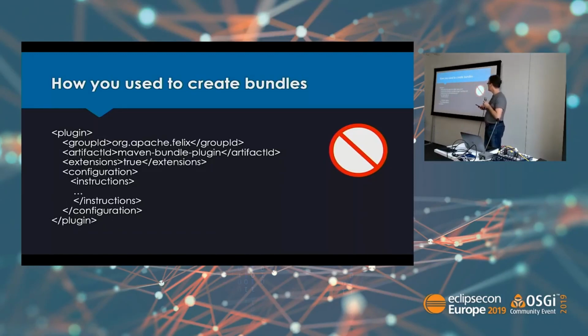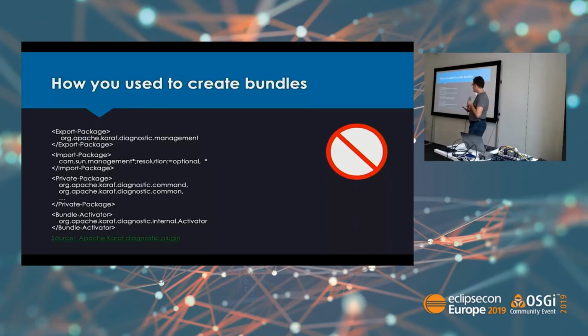And this is an example from the Apache Karaf diagnostic module. It's a bit older, and it is kind of the worst case that I found, just to demonstrate what people sometimes do. You can have the whole export and import adaptions and private packages declared and an activator, and all this is just text. So when you change your code, it will not adapt. It will stay the same and break your, hopefully your build, maybe only after you install it.